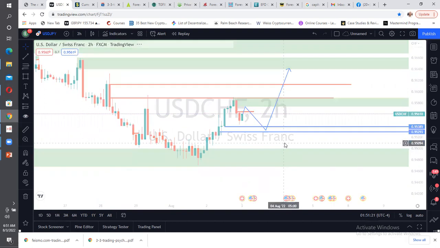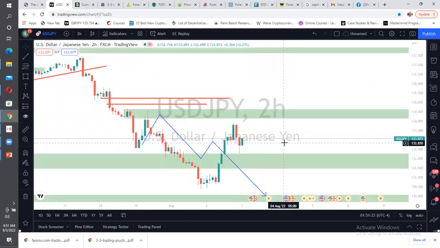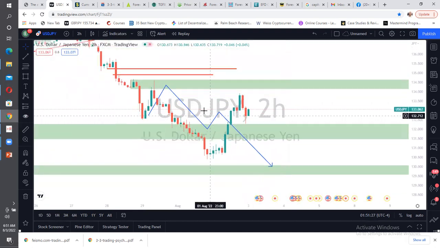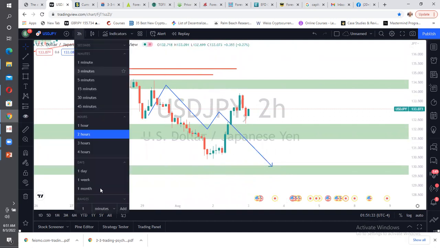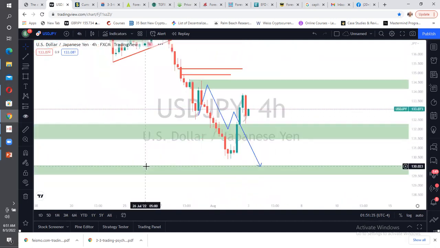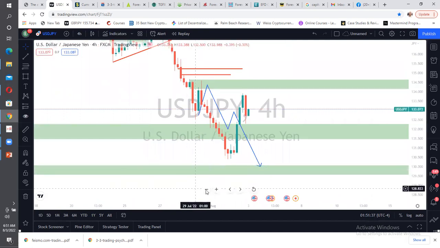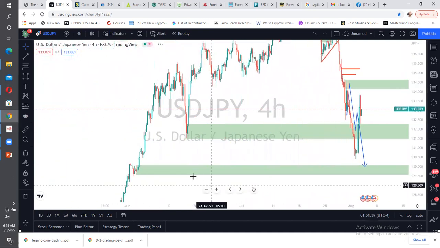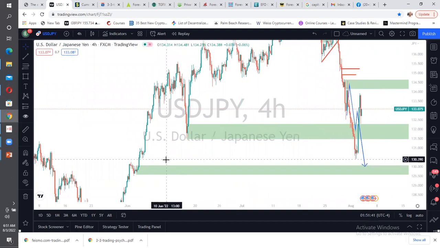Then I'm going straight to another one, which is USDJPY. UJ has performed well, though it did not hit this level as earlier anticipated. We expected it to hit this particular level, but it did not. They only traded into this particular FVG here.